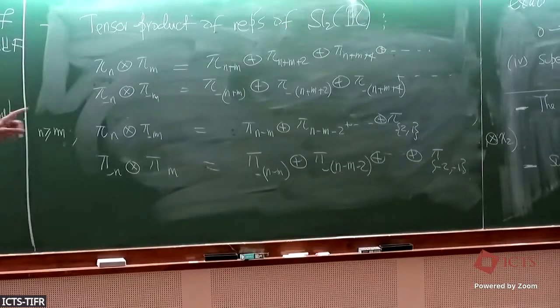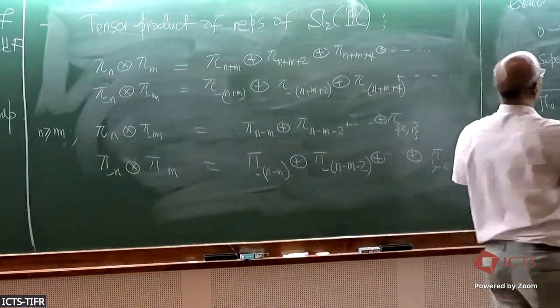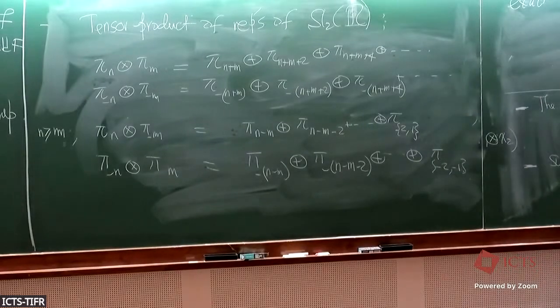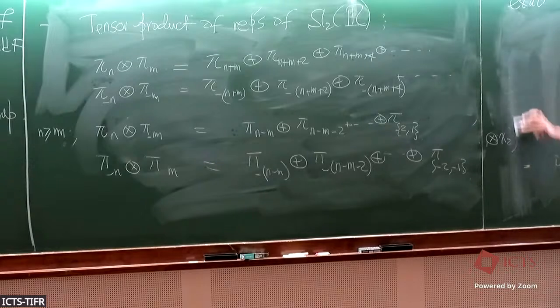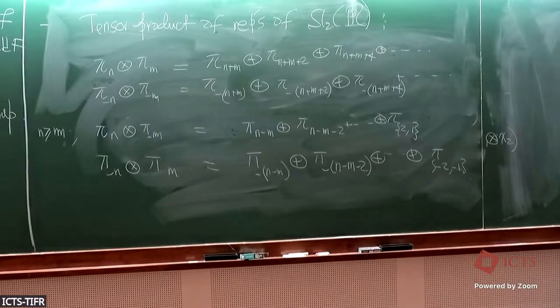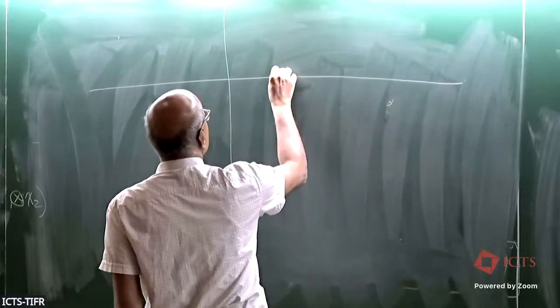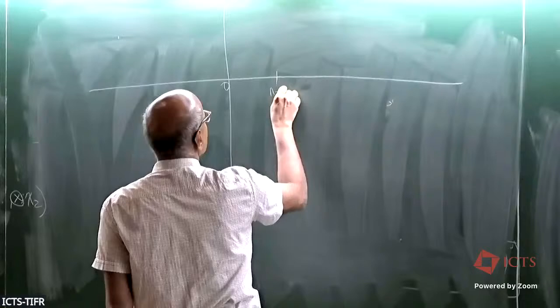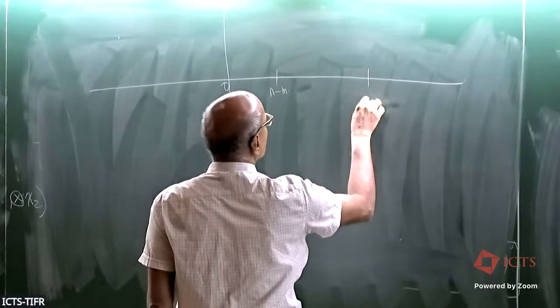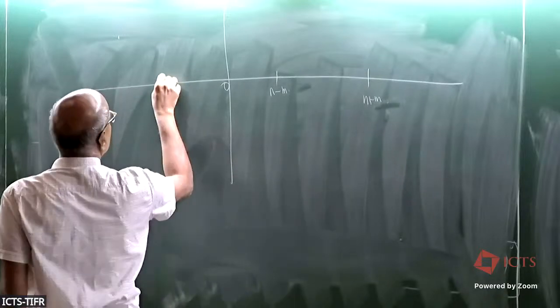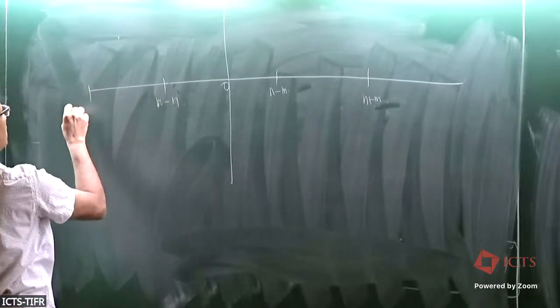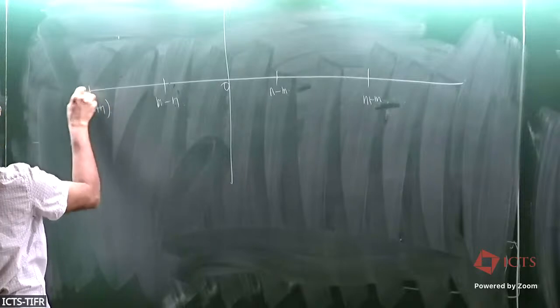So, if you draw these representations on the real line, as one often does, here is the real line, here is the point 0, here is n minus m, here is n plus m, and then here is m minus n, and here is this and this.